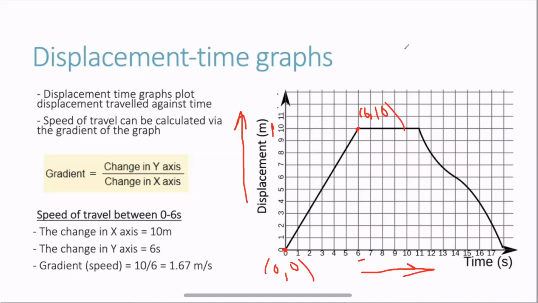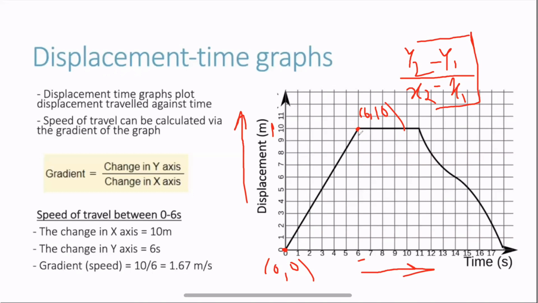So the formula, friends, is y2 minus y1 upon x2 minus x1. This is the basic formula.